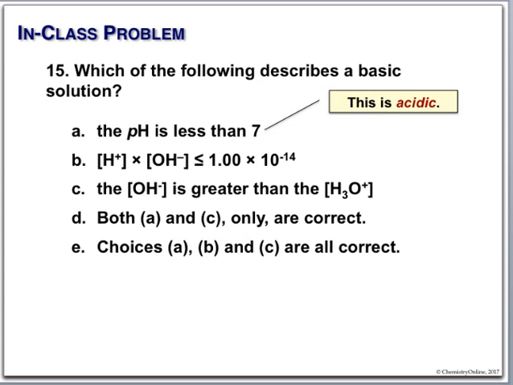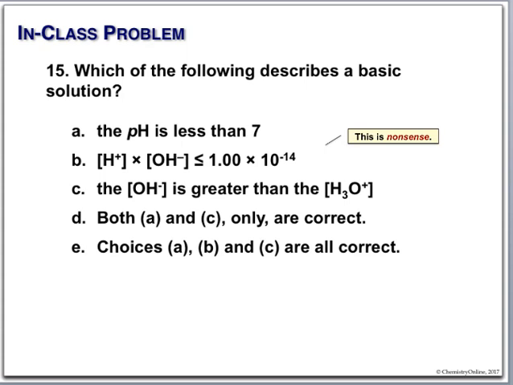H plus times OH minus is less than or equal to 10 to the minus 14. Well, that's just sheer nonsense. Just like pH and pOH are always equal to 14, hydronium times hydroxide is always equal to 10 to the minus 14. Not less than, not greater than, it's always 10 to the minus 14.